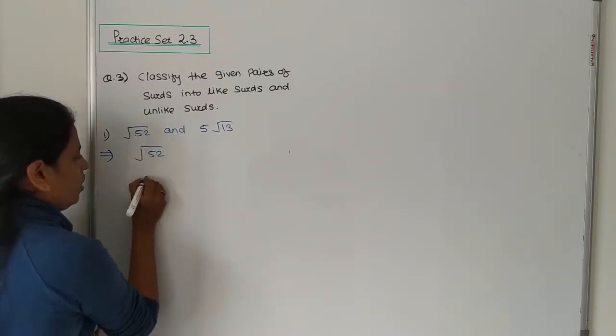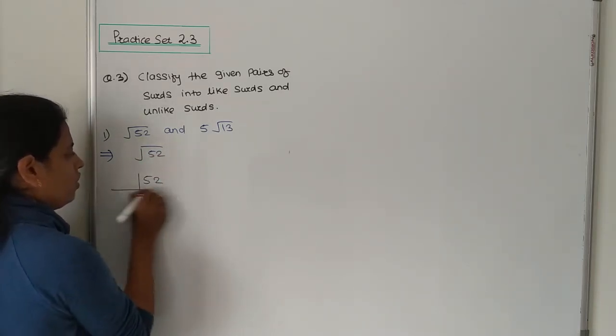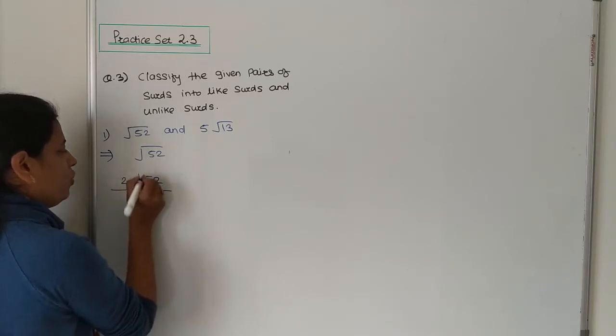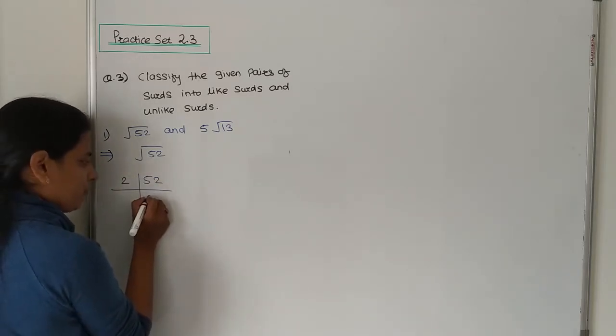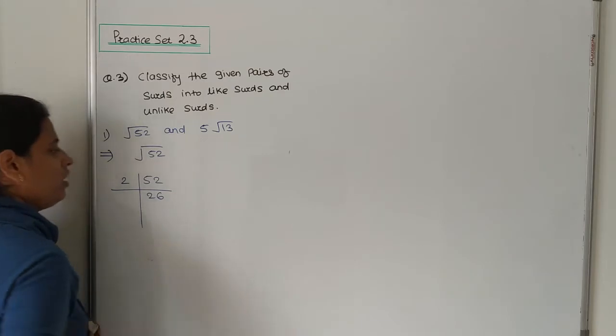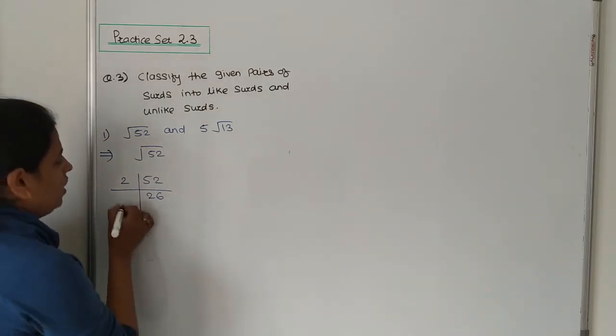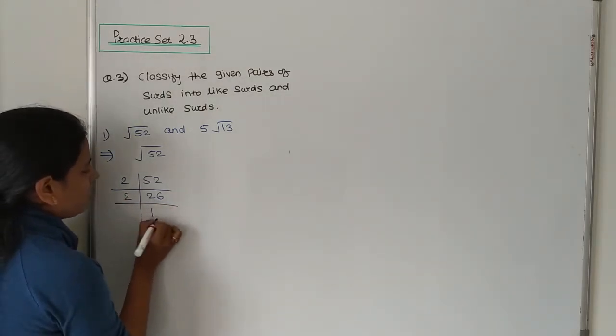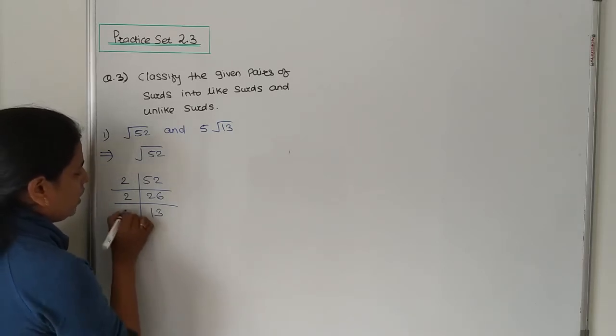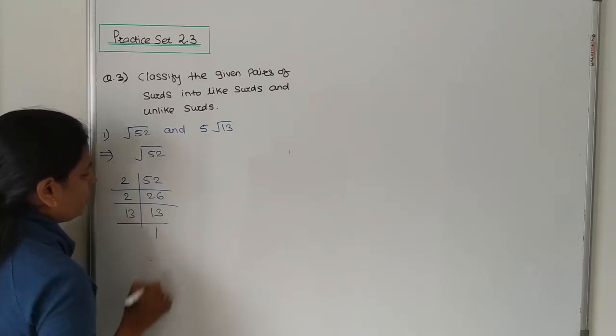How to calculate? 52 is divisible by 2. 2 2s are 4, carry 1, 2 6s are 12. Next, 2 1s are 2, 2 3s are 26. Now this 13 is divisible by 13 itself, so 13 1s are 13.